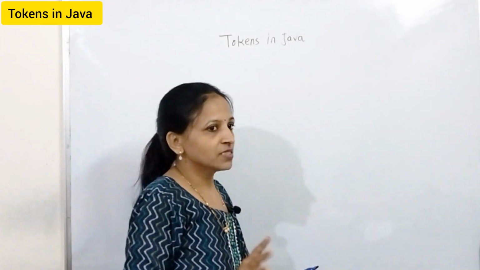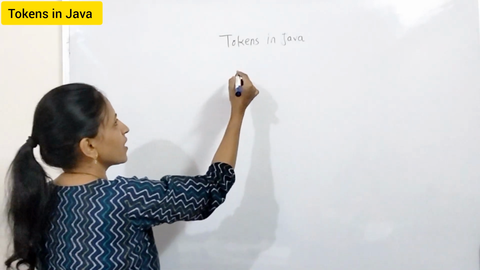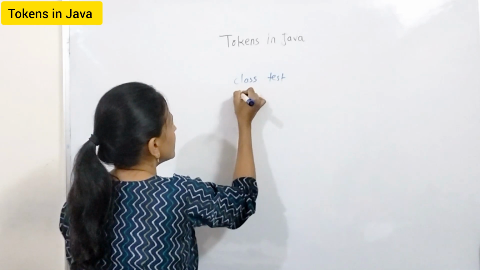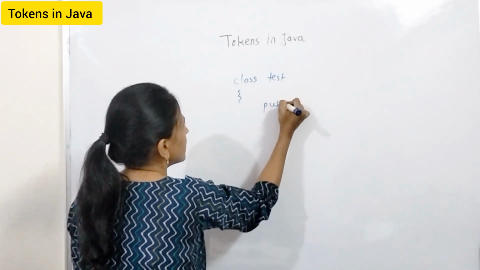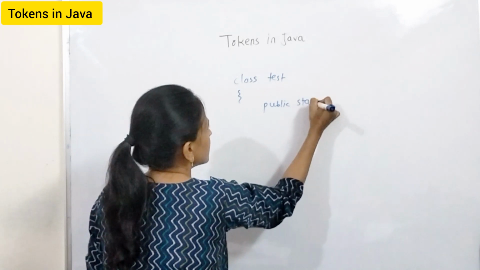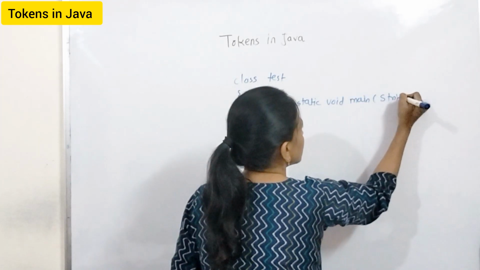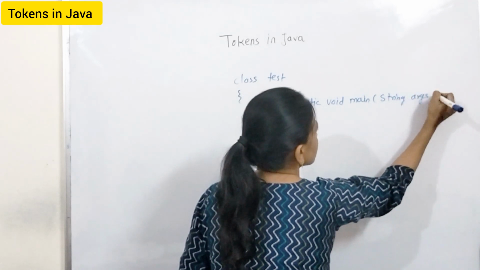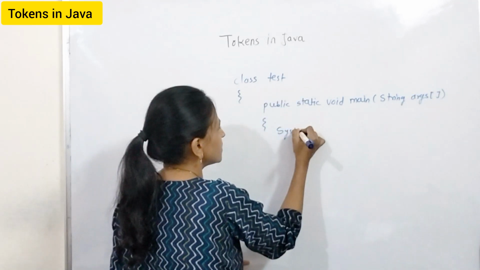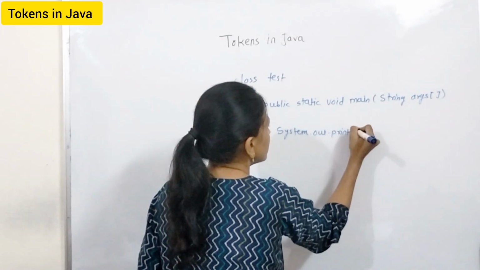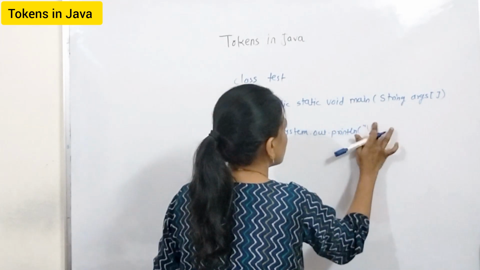For example, see, if we write any Java program like this, first we write class Test suppose, and here public static void main, String args, System.out.println, and here let me write "Hello World\n".